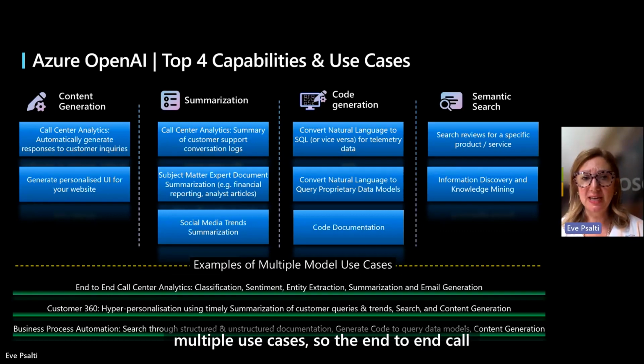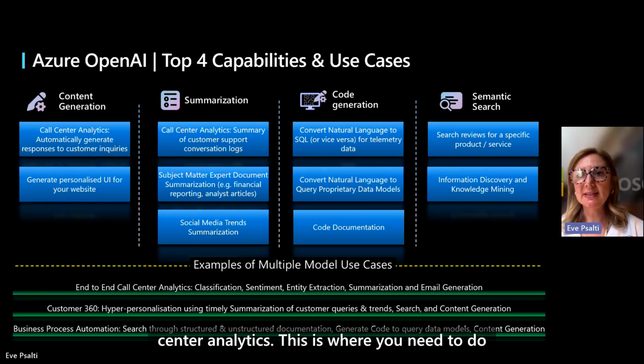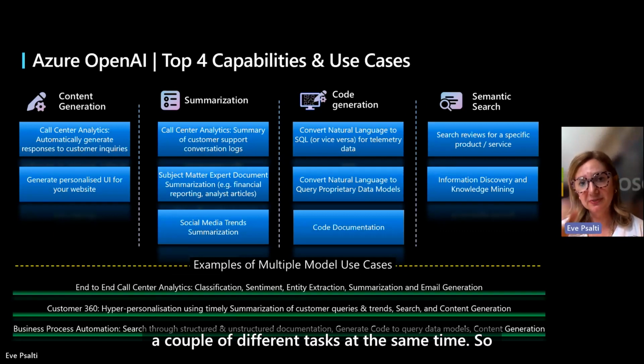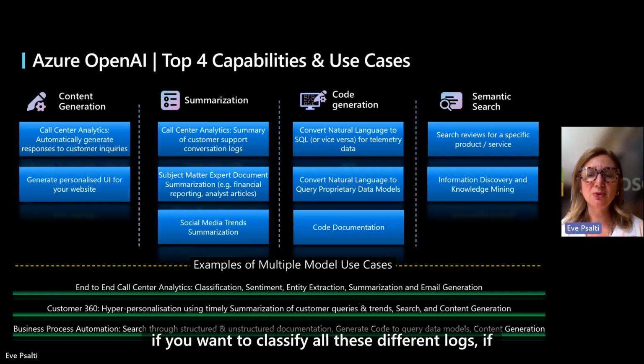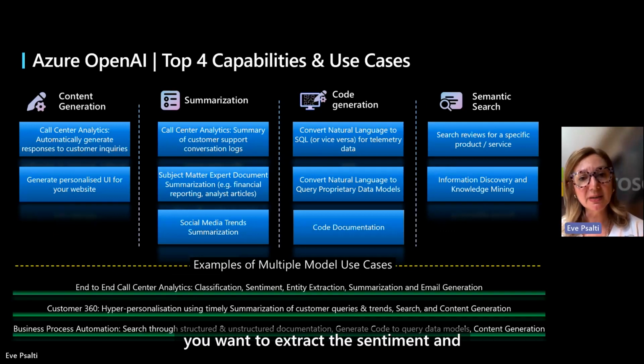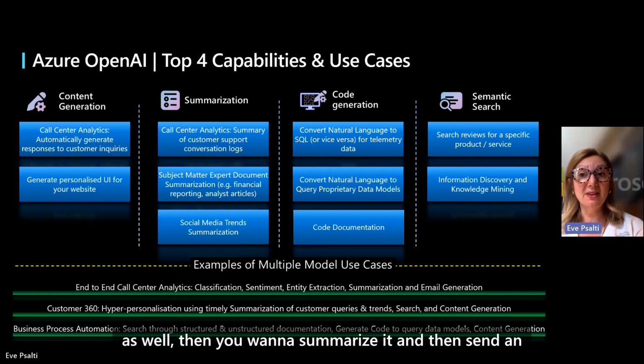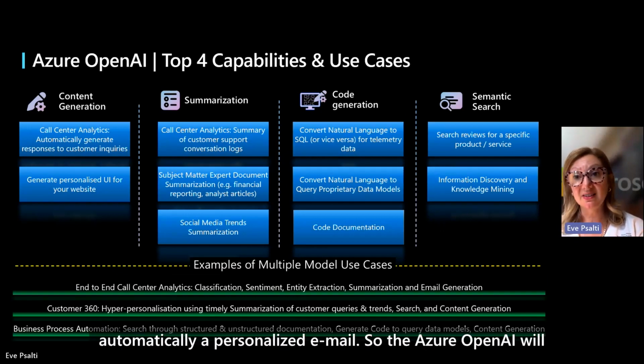But the interesting piece that we see is the multiple use cases. So the end-to-end call center analytics. This is where you need to do a couple of different tasks at the same time. So if you want to classify all these different logs, if you want to extract the sentiment, and you want to also do the entity extraction, then you want to summarize it and then send automatically a personalized email.